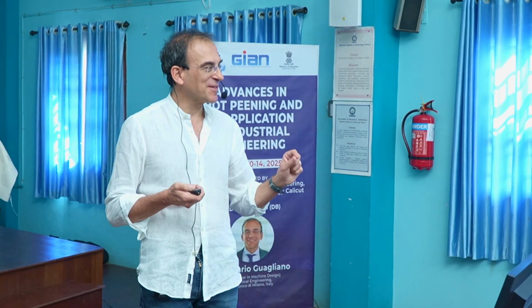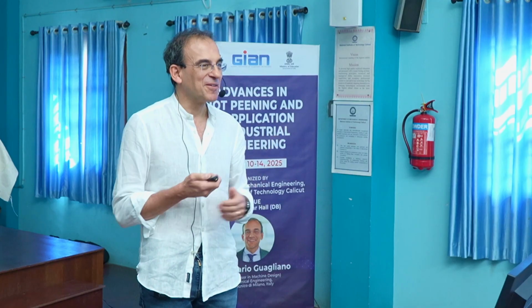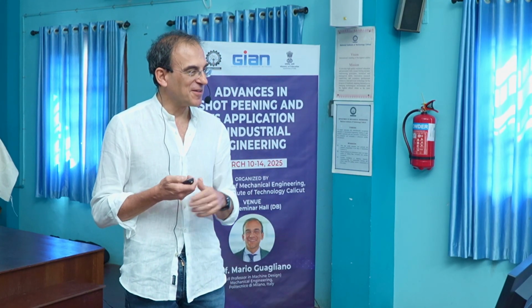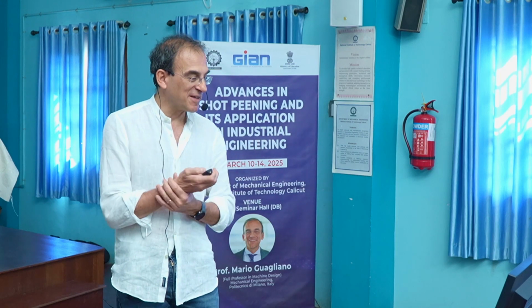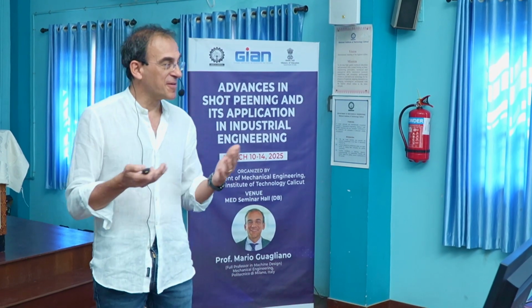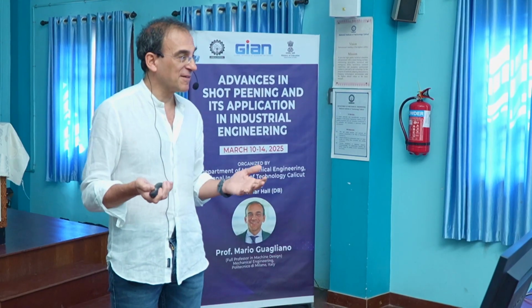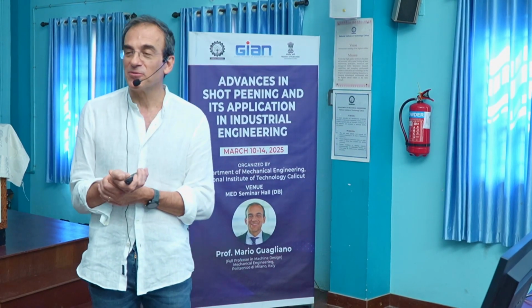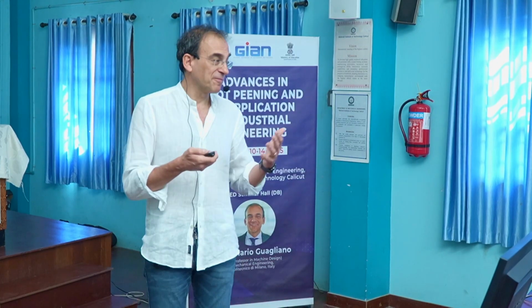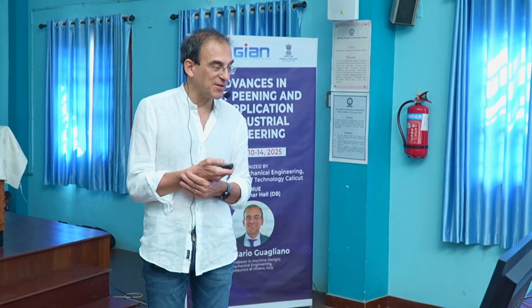Today we are starting with an additional part about shot peening for additive manufacturing. The subject I'm talking about briefly this morning is not only for application dedicated to additive manufacturing, but also for traditional shot peening on traditional material.